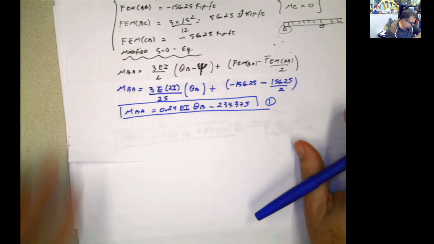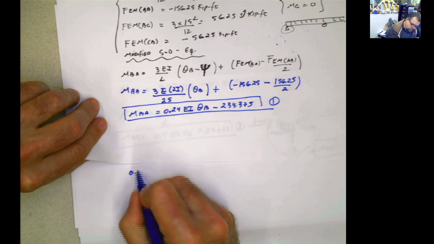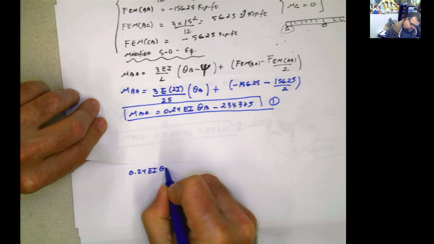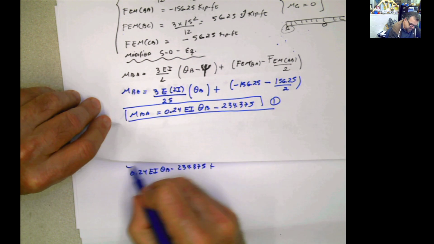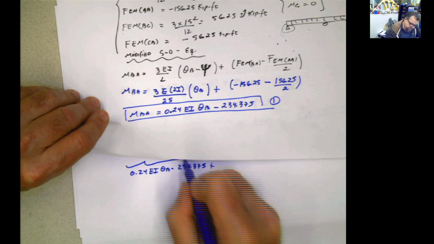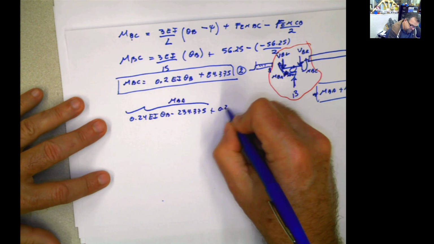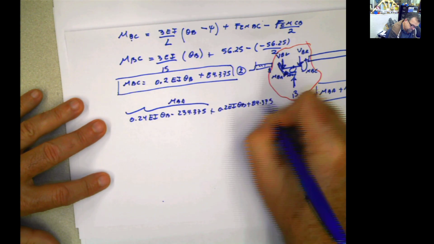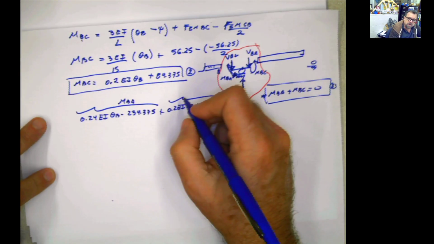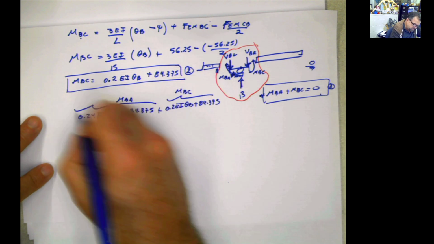MBA is this equation, 0.24 EI theta B minus 234.375, plus, remember this is MBA, plus MBC, and that has to be 0.